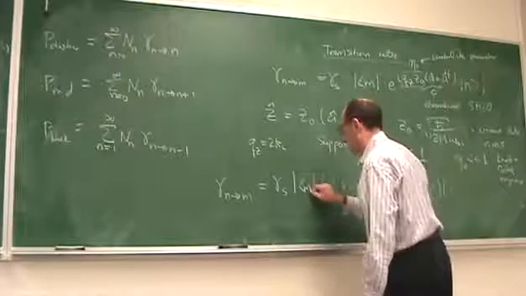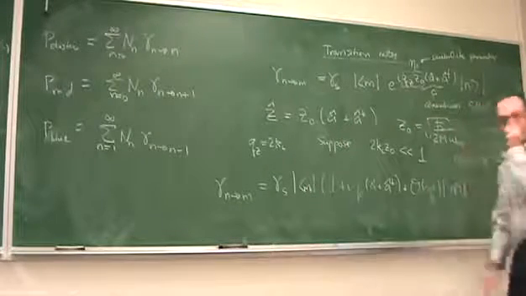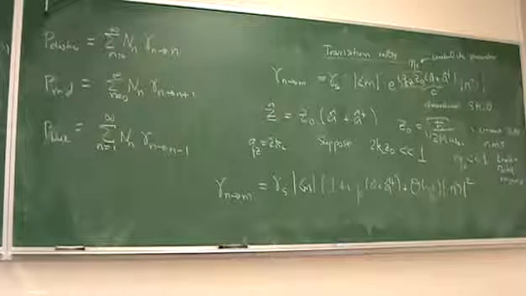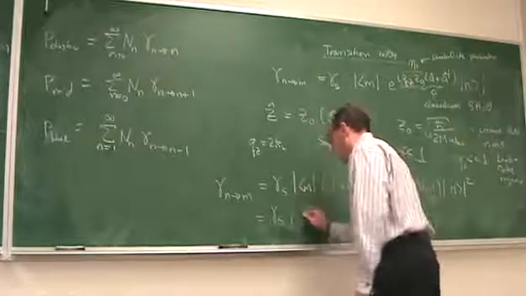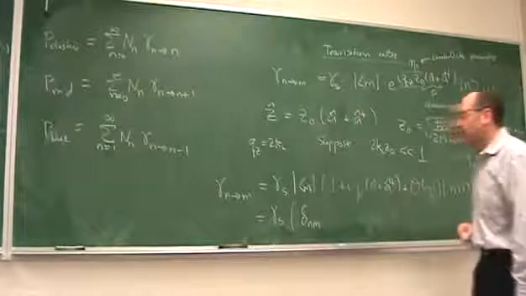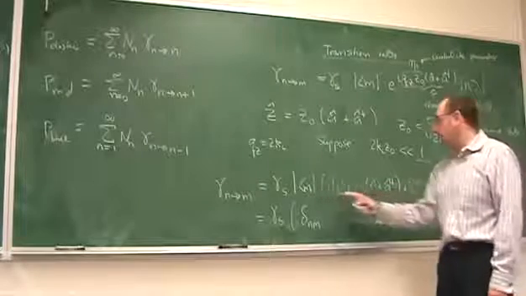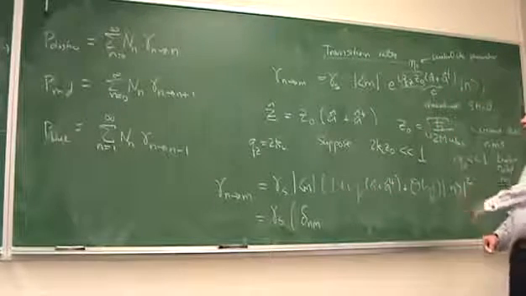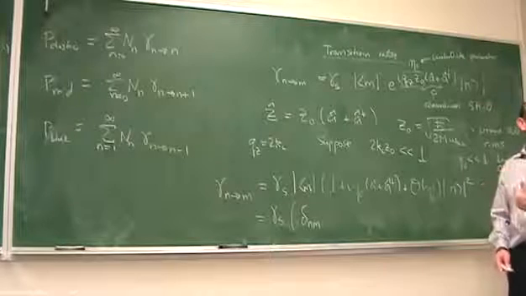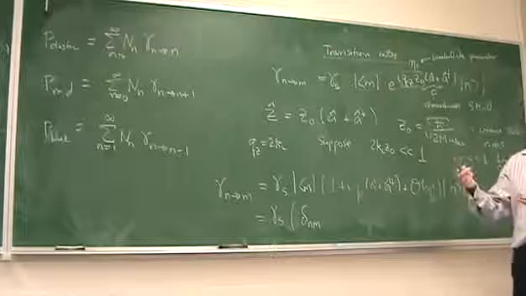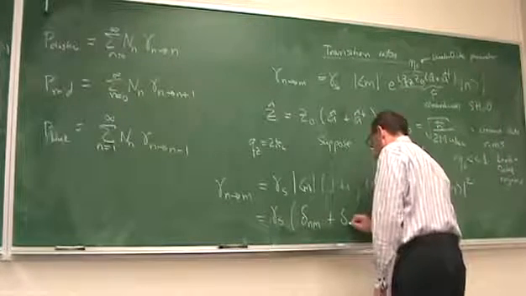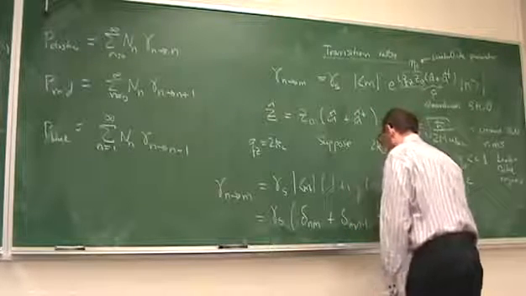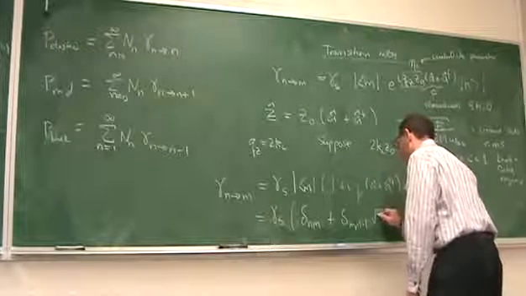Well, this we can do easily. What we see is that this is equal to the scattering rate times a delta function in m and n for the first term. Then we have terms that have to do with going up the ladder by 1 and going down the ladder by 1. Those are the red and blue sideband terms. So plus delta m, n minus 1 times the square root of n.